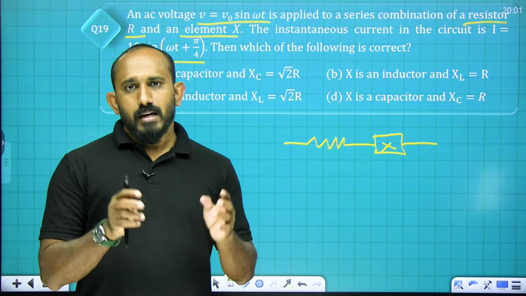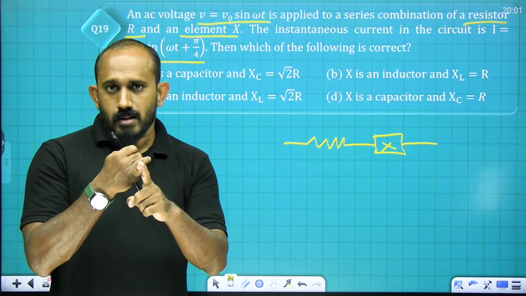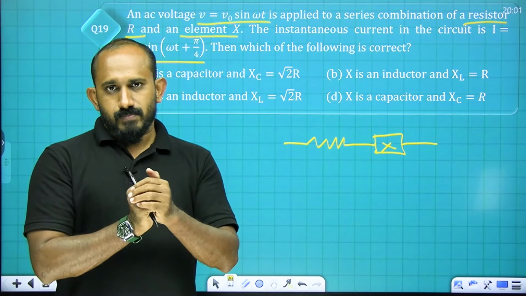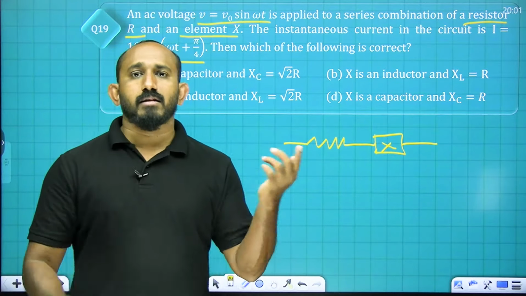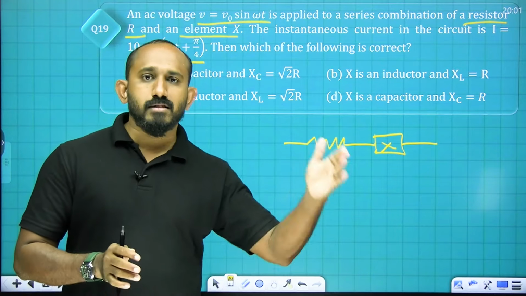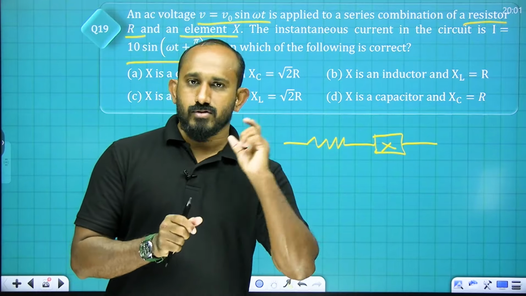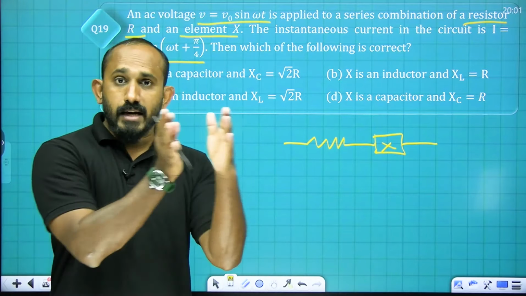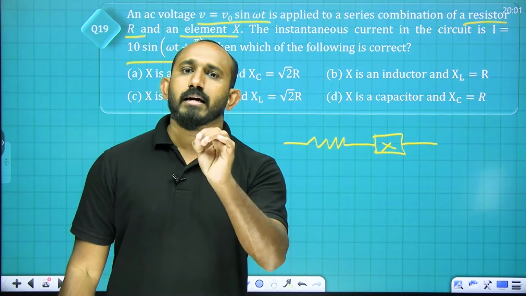We know in a series LCR circuit, across a resistance the current and voltage are in the same phase. Across an inductor, the current lags behind the voltage, and across a capacitor, the current leads the voltage. So here R and one component are there and the net current is leading the voltage. Current leads means that component should be a capacitor.